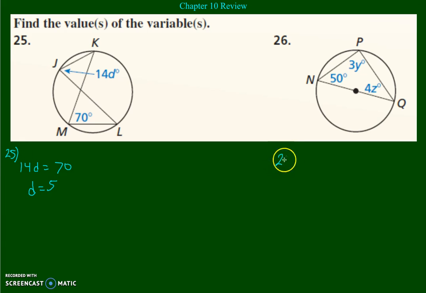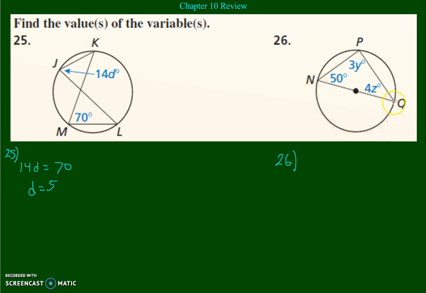So for 26, what we have is an inscribed triangle. Now when I look at this, the first thing that jumps out at me is this inscribed angle is intercepting this big arc. And you can see that NQ is a diameter. So therefore, if this is a diameter, this arc has to be a semicircle.